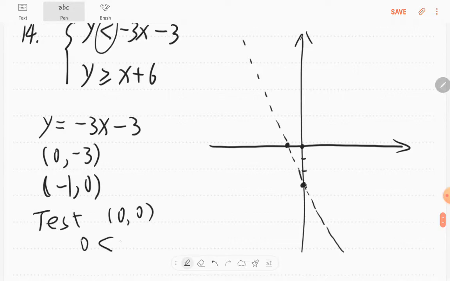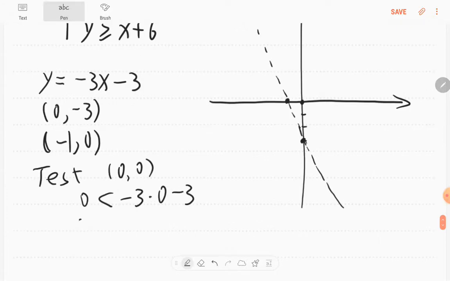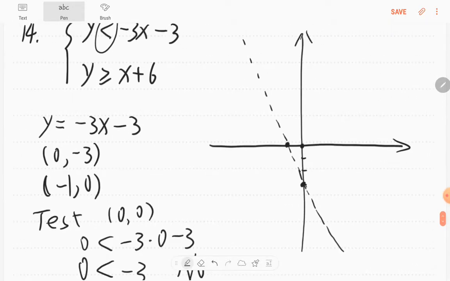So 0 less than -3 times 0 minus 3. That means 0 is less than -3. No. So you cannot take the region which includes this point. You should take the other part, which is this part.